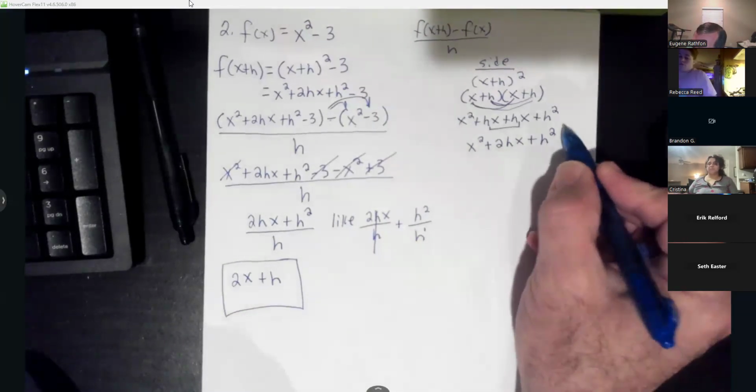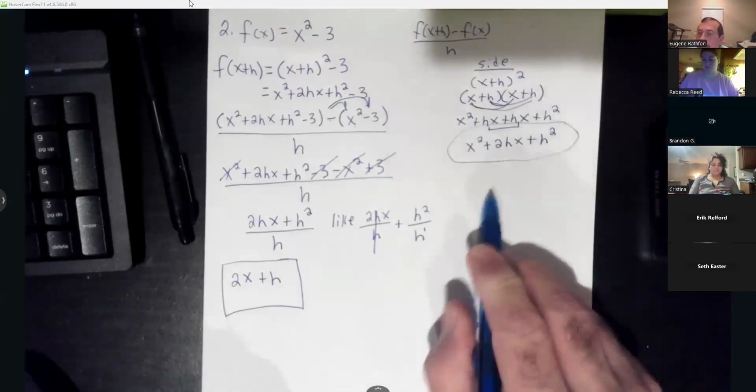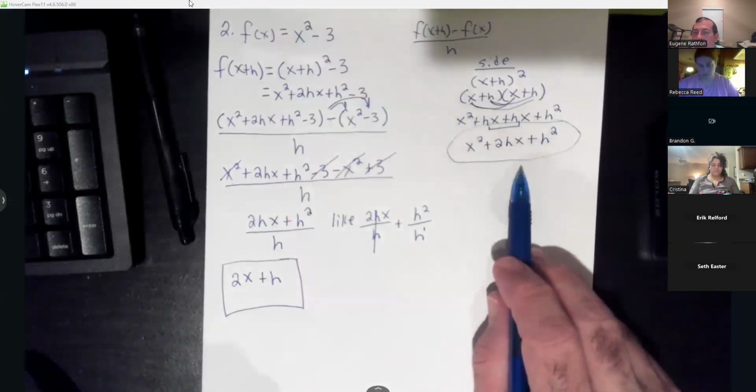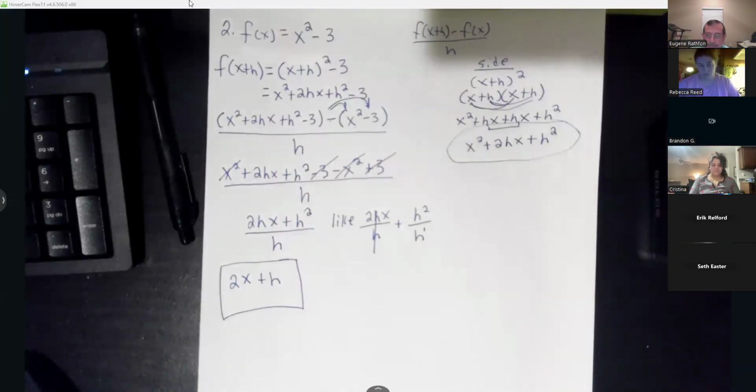Now, what we got right here, y'all keep that written down because y'all are going to have one of these, like mine with the x squared, okay? All right, y'all, so y'all ready for my last one?